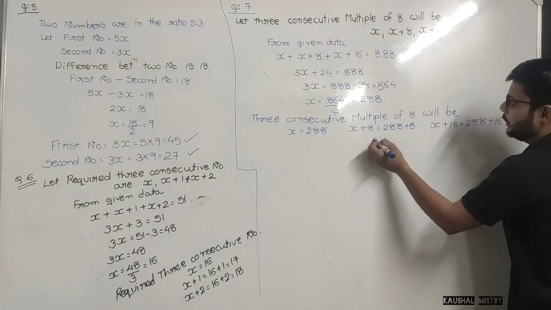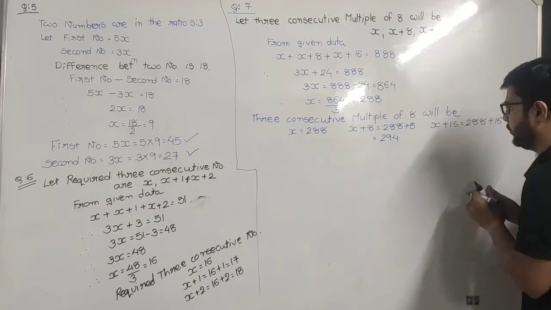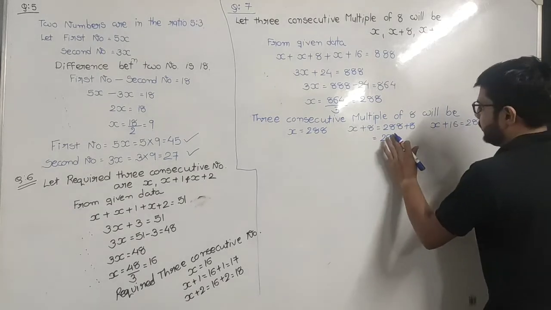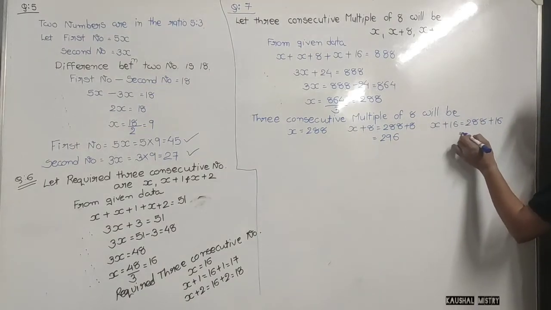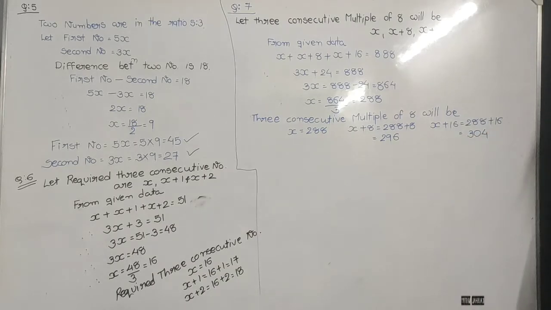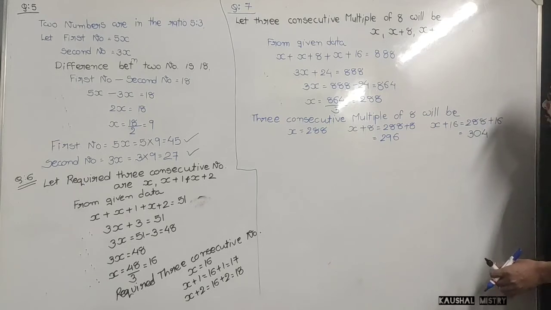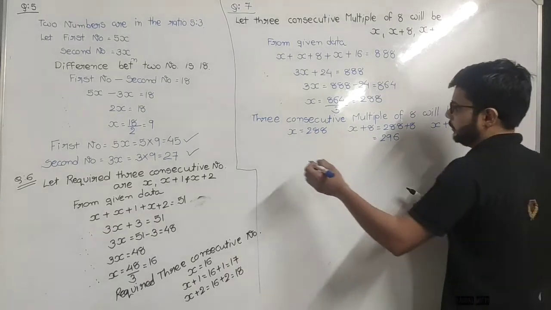So this will be equal to 296, and here it will be 304, right? This will be our answer.